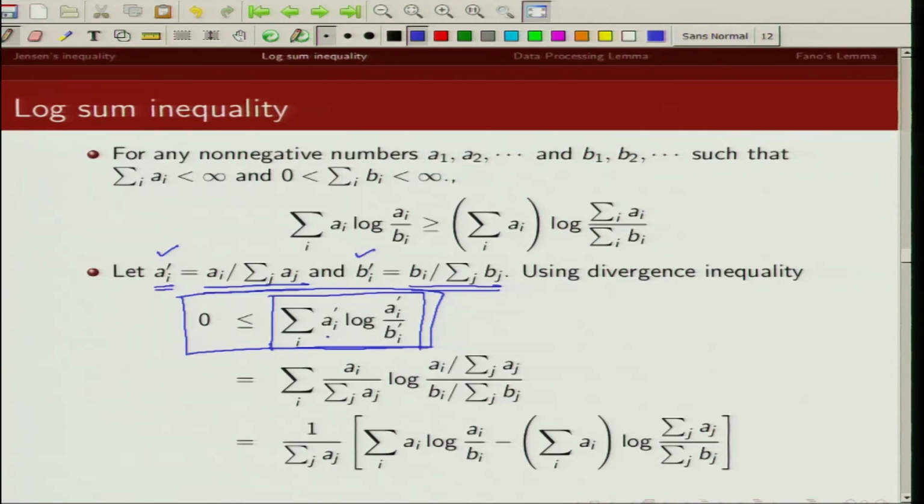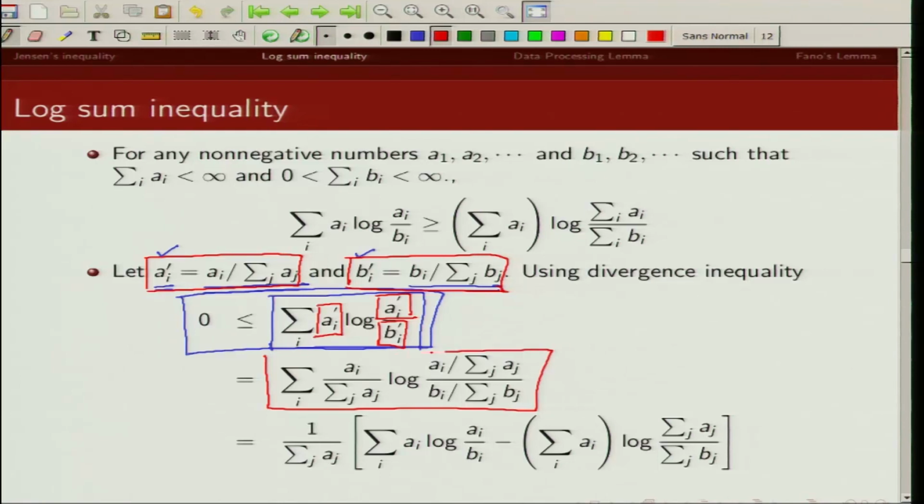Now let us replace ai dash and bi dash in this expression. So ai dash is given by this and bi dash is given by this. Okay. So we plug in these values of ai dash and bi dash, what we get is this expression. You can see this is my ai dash, this is my ai dash, and this is my bi dash. Okay. Now further simplifying, I take this summation ai off.